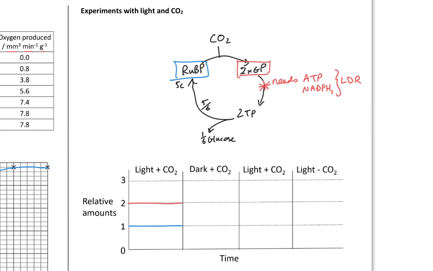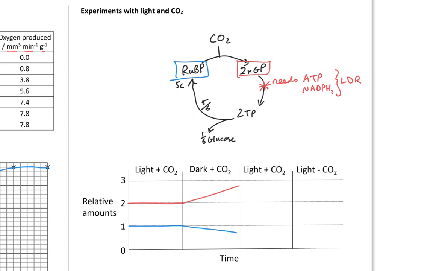However, GP cannot be converted into TP, and therefore I'm going to run out of TP to regenerate into RUBP. So my red line is going to go up and my blue line is going to go down.